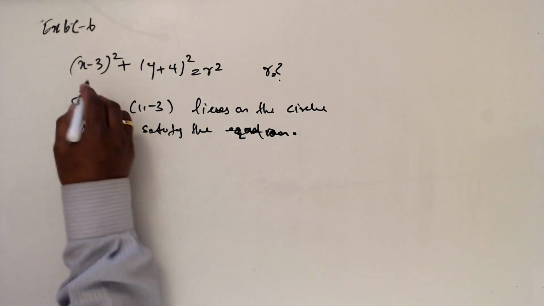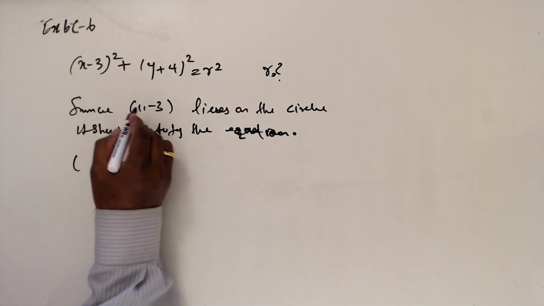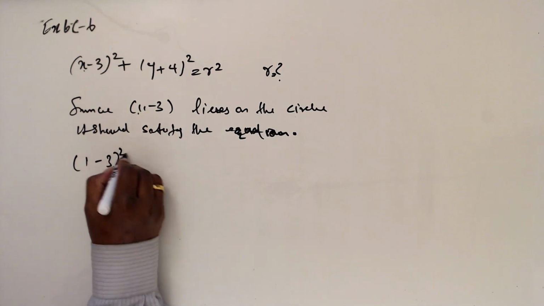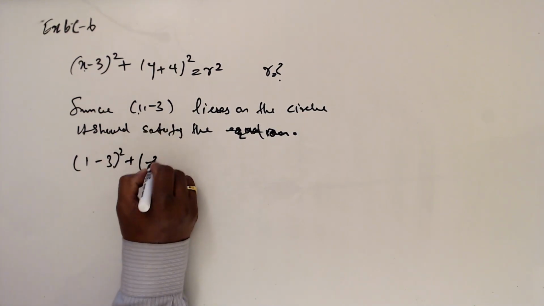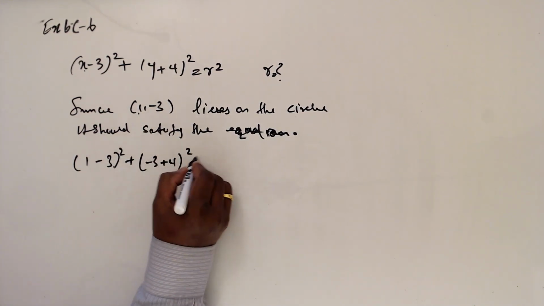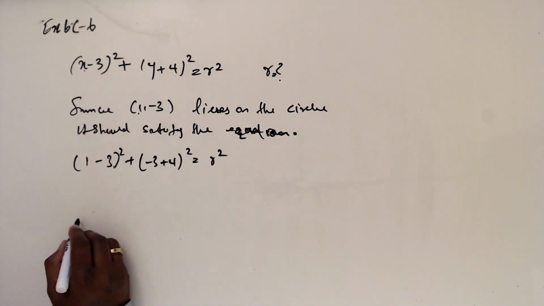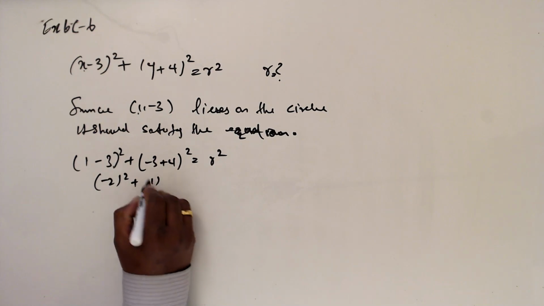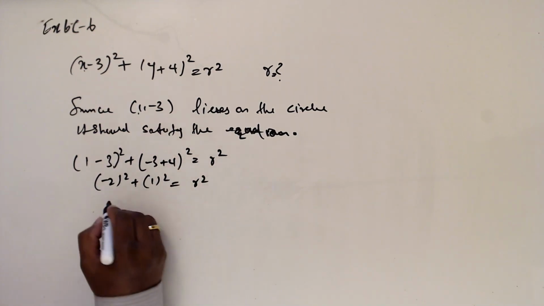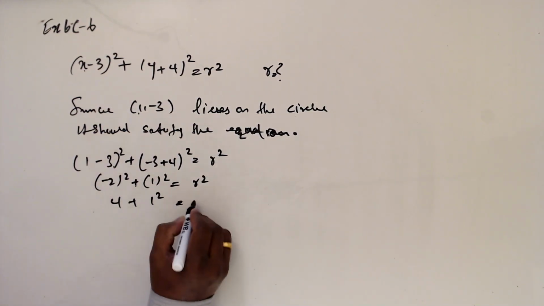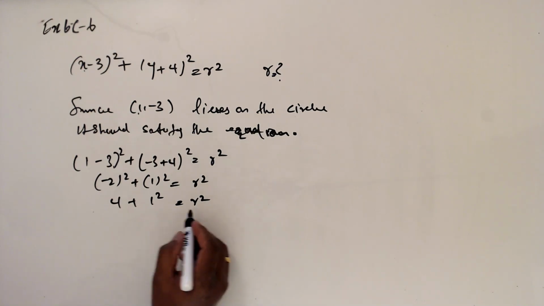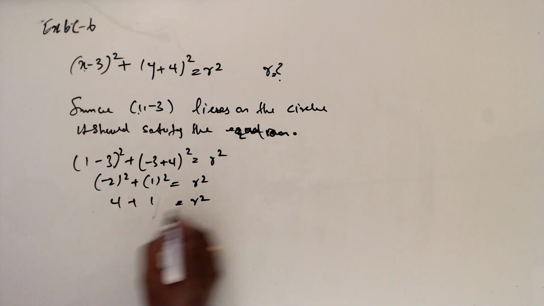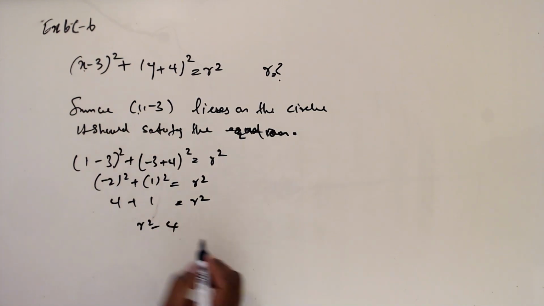So we'll substitute now. Instead of x, 1 minus 3 square plus y, that is minus 3 plus 4 square equal r square. So this is minus 2 square plus 1 square equal r square, 4 plus 1 square equal r square. So r square equal 5.